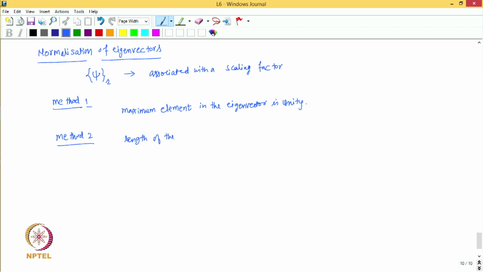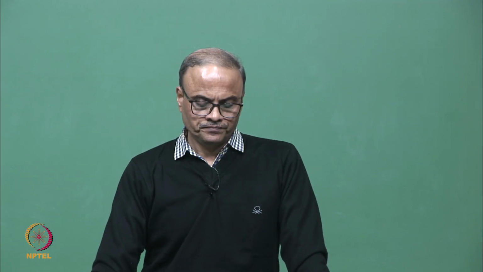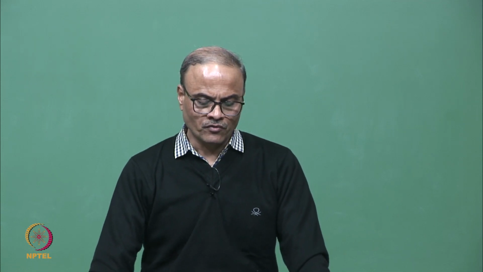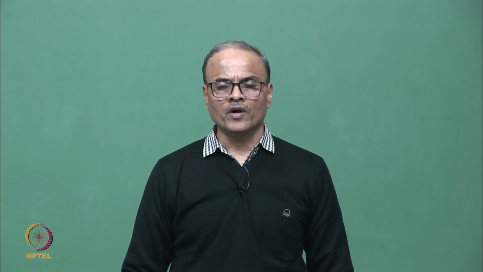So, we can find the Euclidean norm of the eigenvector and divide the vector by that. Okay. So, that will ensure that the Euclidean length of the new vector is 1.